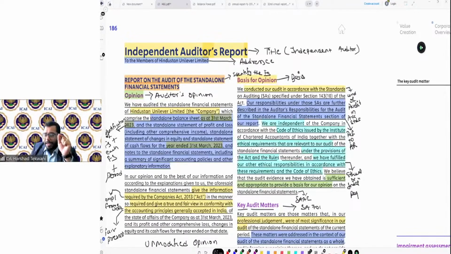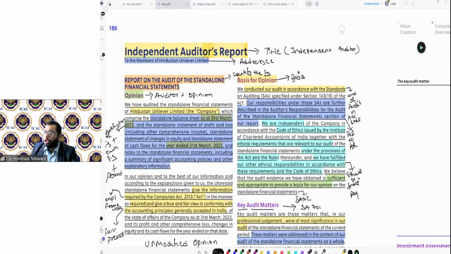If I issue an opinion on each year, then I'm reporting on the numbers of that year. But here I'm not able to see any opinion on the FY22 numbers. I'm only issuing an opinion on FY23 numbers. Then how can I say this is a comparative financial statement?